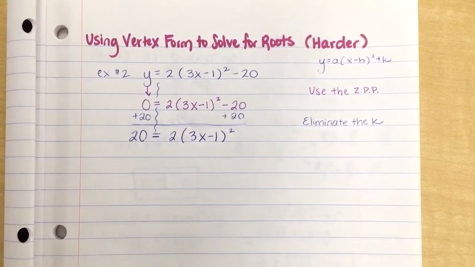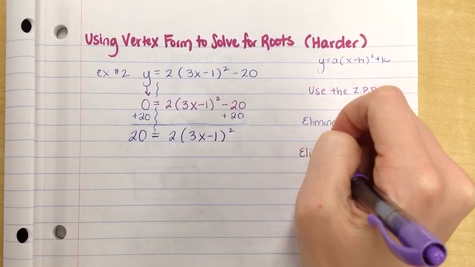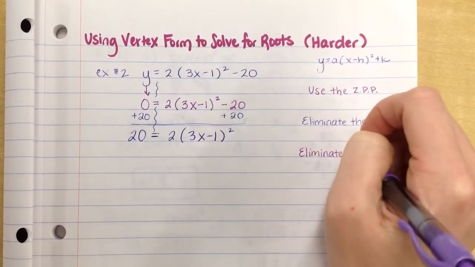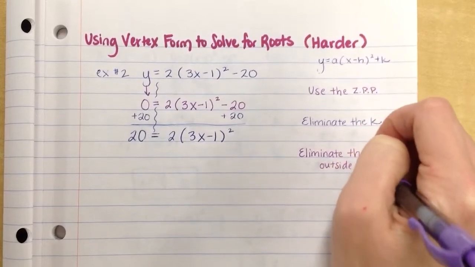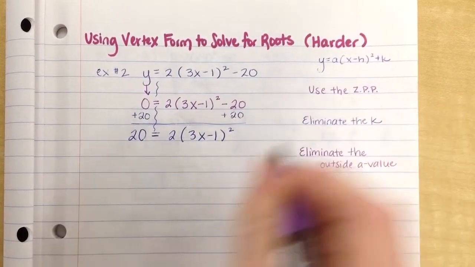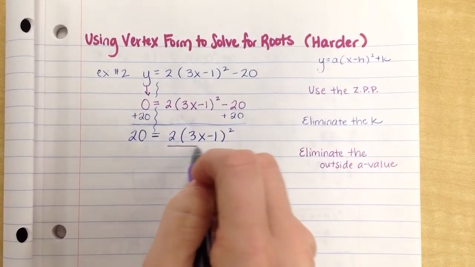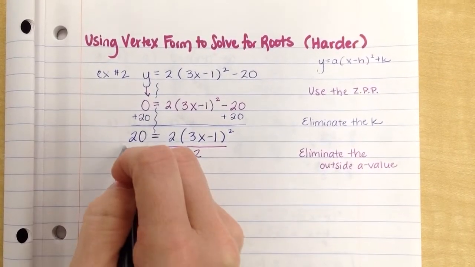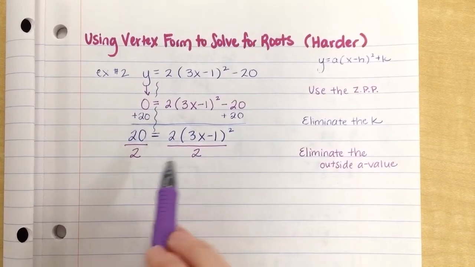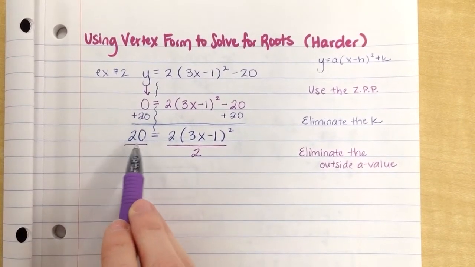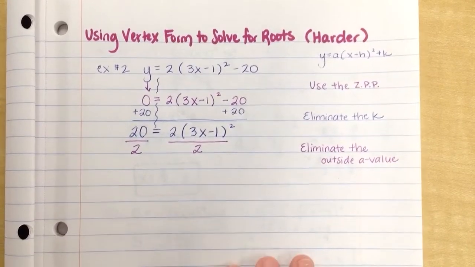Okay? Next step is we're going to eliminate the outside a value. In this case, that a value on the outside of the parentheses is the number 2. So we're going to divide both sides of the equation by 2. I know that some of you have gotten into a very bad habit of just putting one big fraction bar and then putting the number 2, and that's a really terrible idea.